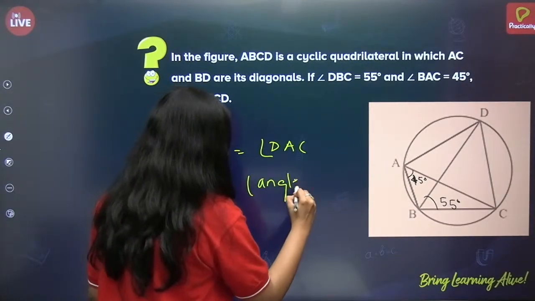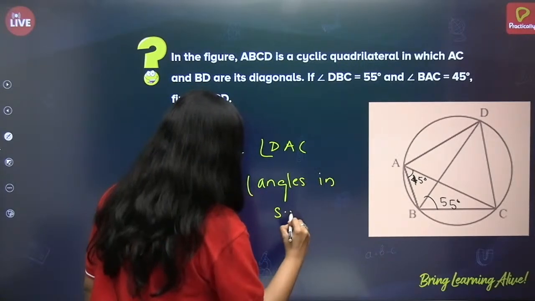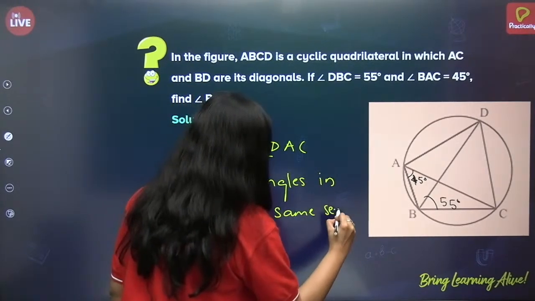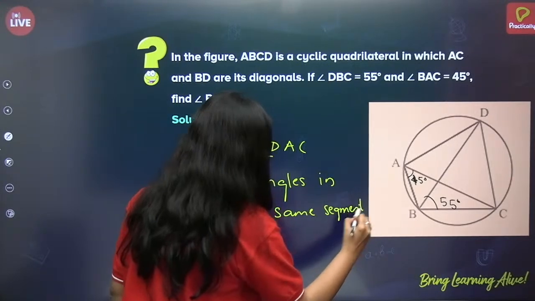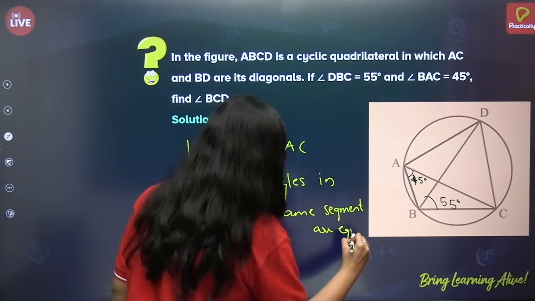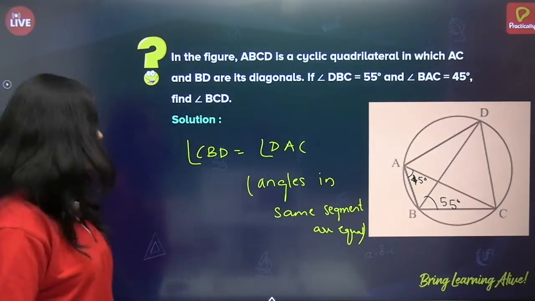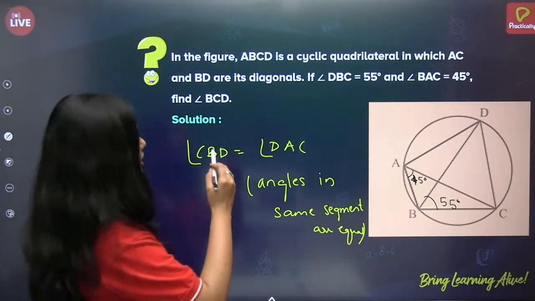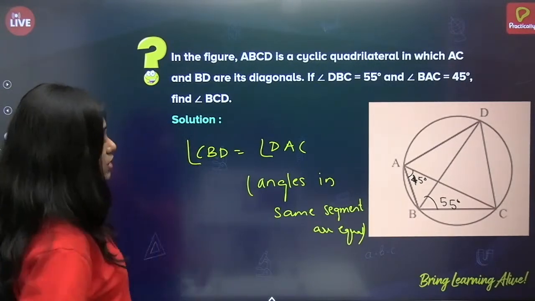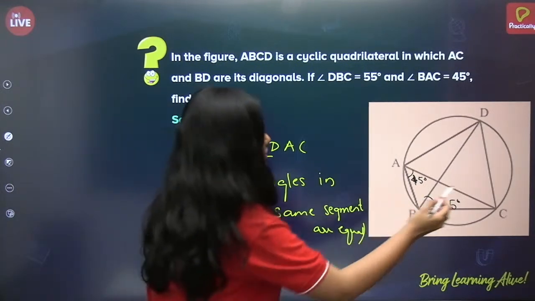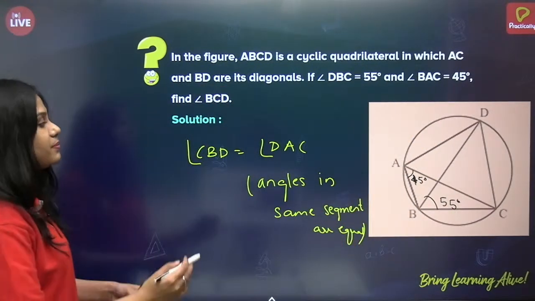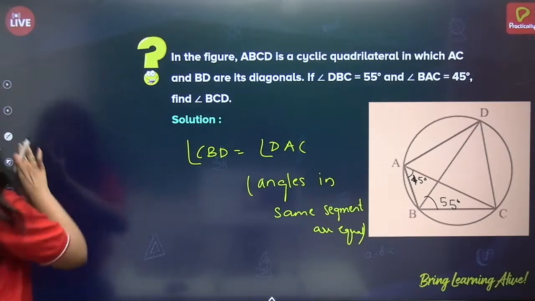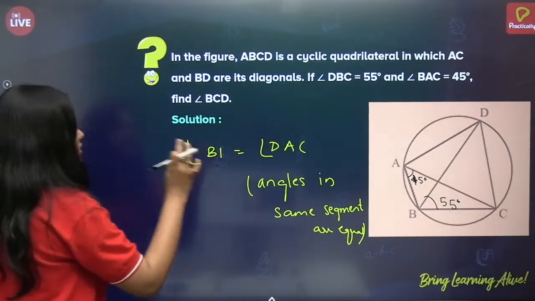Angles in the same segment are equal. But it is already given that angle BAC is equal to 45 degrees and angle CBD, or DBC, is equal to 55 degrees. Let us also write this as DBC only.